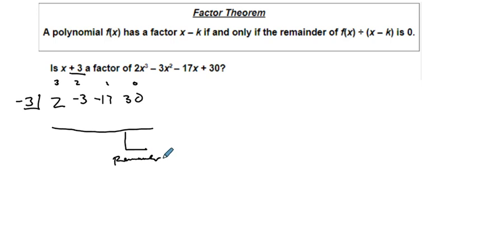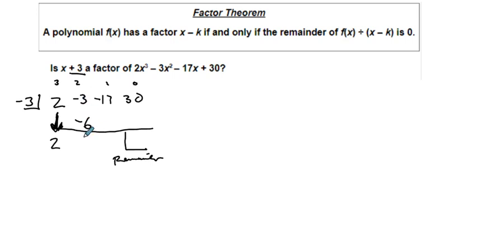All we have to do is see if when I put this in, I get 0 for my remainder. If I do, that means it is a factor. If I get a number, that means it's not a factor. Being precise with this is important. I'm drawing my arrow here, showing that we start by bringing the 2 down. Now it's our series of multiplying and adding. -3 times 2 gives me -6.